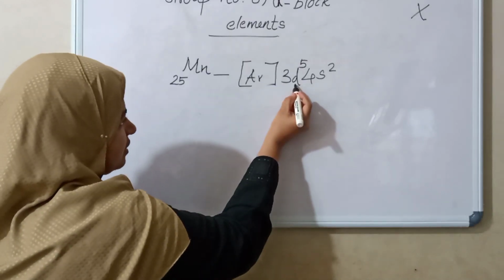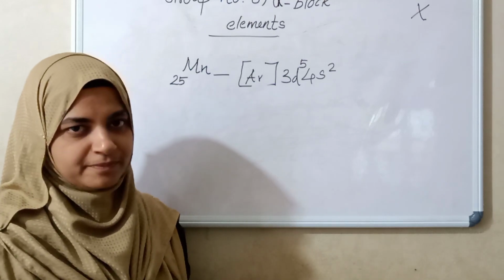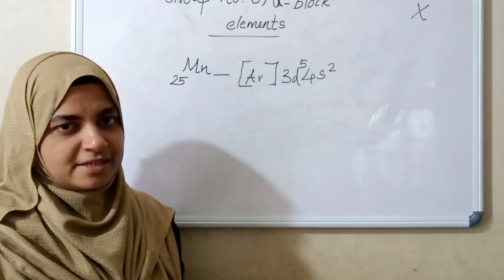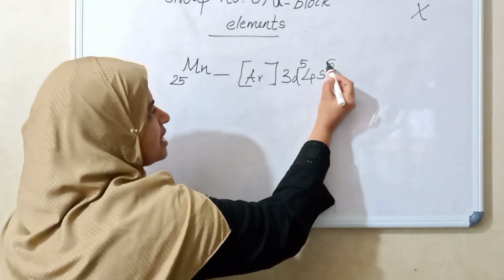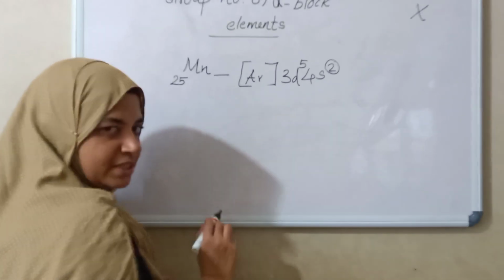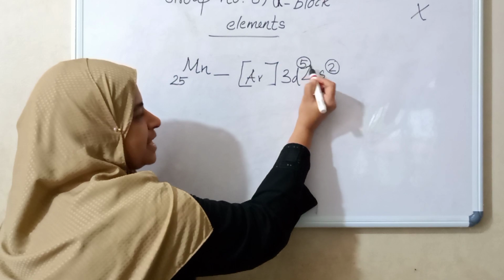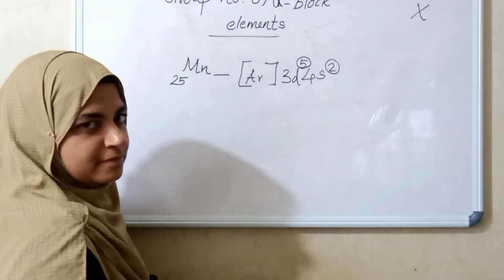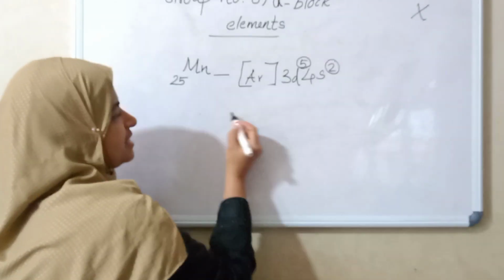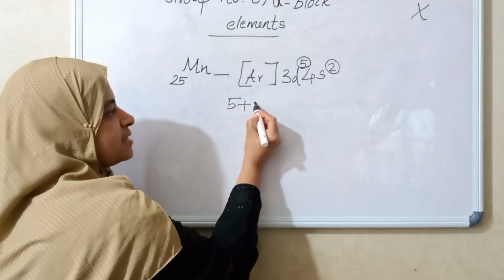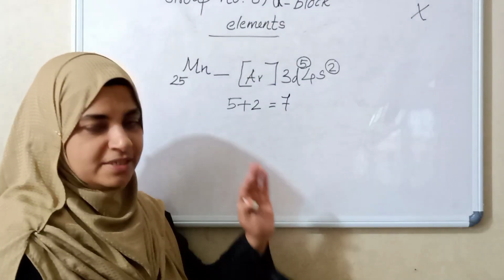We know it is a D block element because the last electron is added to the D subshell. For D block elements, the group number is equal to the number of electrons in the outermost S subshell plus the number of electrons in the preceding D subshell. That is the sum of electrons of D and S. Here 5 plus 2 is equal to the 7th group.